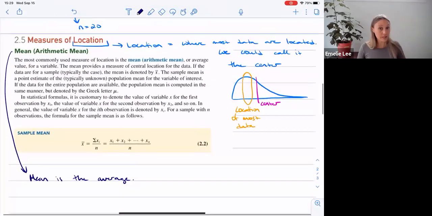So I'm feeling pretty confident that you already know how to calculate the mean, right? If I give you 10 data points and I ask you to find the average, what would you do? You'd add them up and divide them by 10 because there are 10 data points, right? And so you know how to do that, right? And if you're working with huge data sets, you don't want to add them up by hand. That sounds terrible.